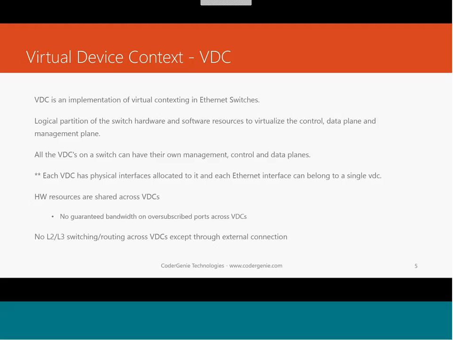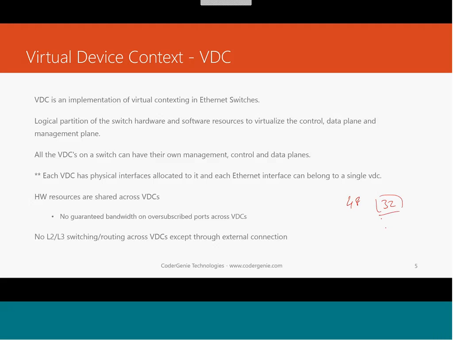All the VDCs on the switch have their own management plane, control plane, and data plane, as I explained before, right? But remember, each physical interface can only be part of one single VDC. It cannot be part of two VDCs. You can have individual line cards part of VDCs, but you can also have segregated or distributed interfaces per VDC. Say there's a 48 or 32 port line card, right?